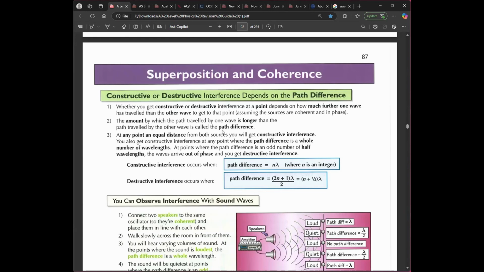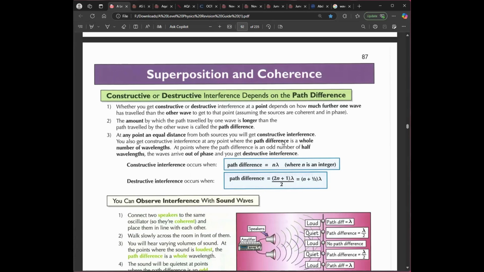It could be lambda by 2 that the other wave has traveled more, which would mean it's destructive interference, because there would be a difference of phase equal to 180 degrees in that case as well. At any point an equal distance from both sources, you will get constructive interference. You can also get constructive interference at any point where the path difference is a whole number of wavelengths.